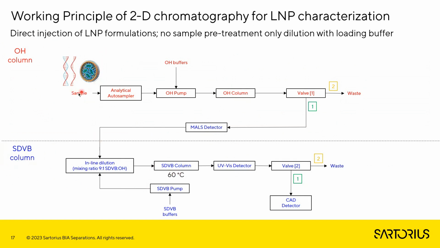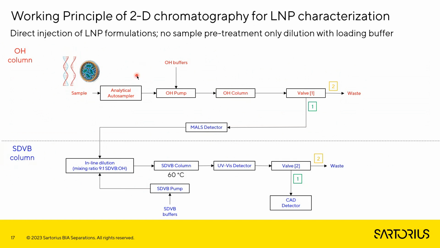The LNP sample is usually composed of free nucleic acids and lipid nanoparticles, and we can directly inject the sample on our Switcher system without any sample pretreatment. We only dilute it with the loading buffer.